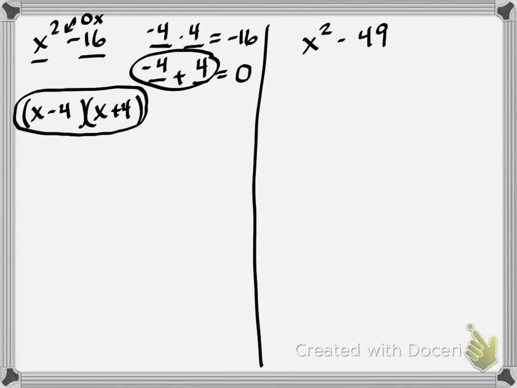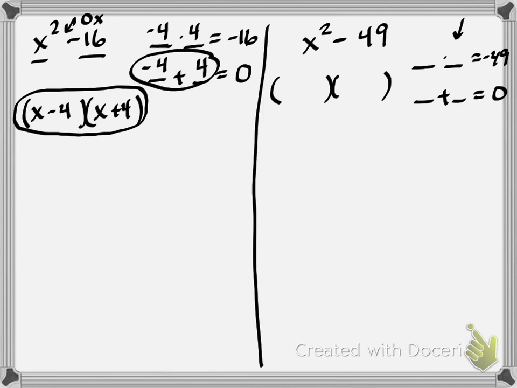Same thing over here. What multiplies to negative 49, and again, since there's no middle term, we think what adds up to 0. So pause the video and see if you can answer that question, either using the square root method or using this little chart to organize your information.